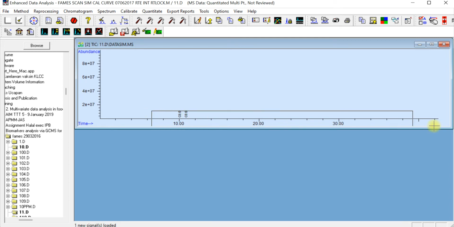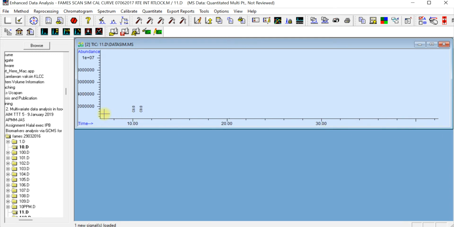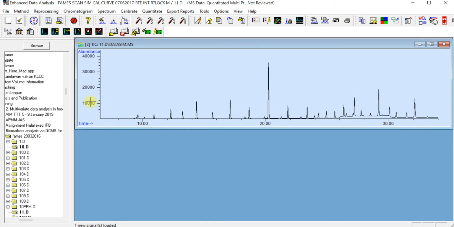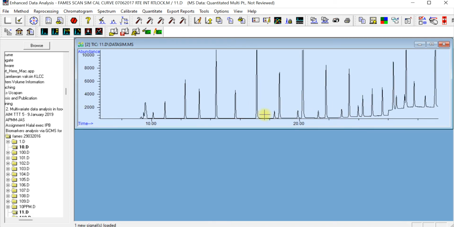Again, I would like to remind everyone why we choose SIM data. In the first place, in this study I really want to focus on certain particular fatty acid methyl esters, and I have already run 37 compounds.